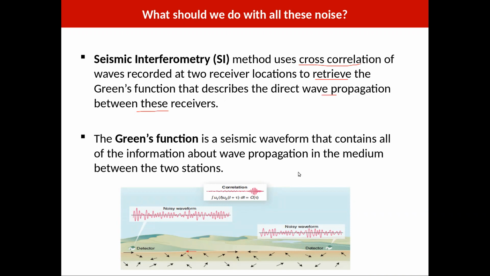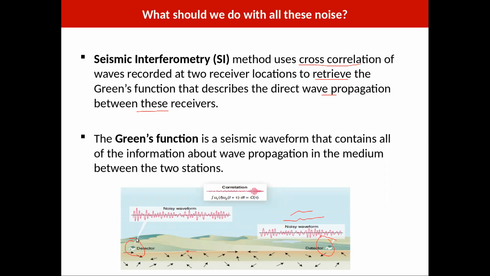So what it means is that you have your seismic stations here, and you record some noise all the time, because there are natural sources like atmospheric disturbances, and also anthropogenic sources like mining and traffic. The receivers are recording continuously.